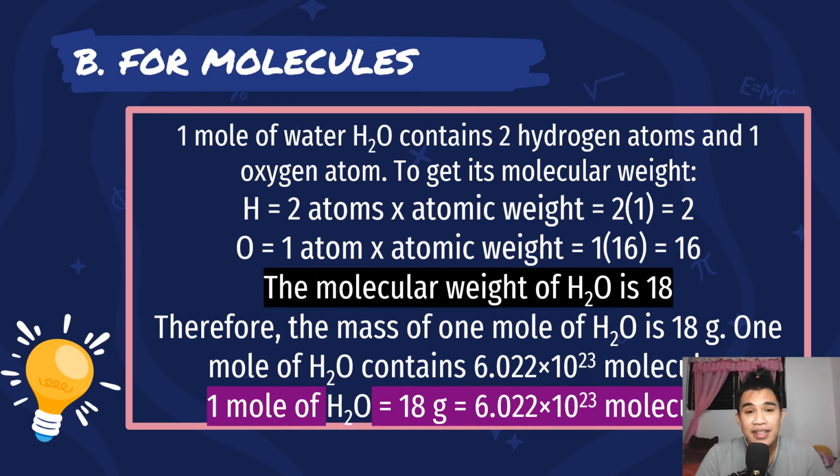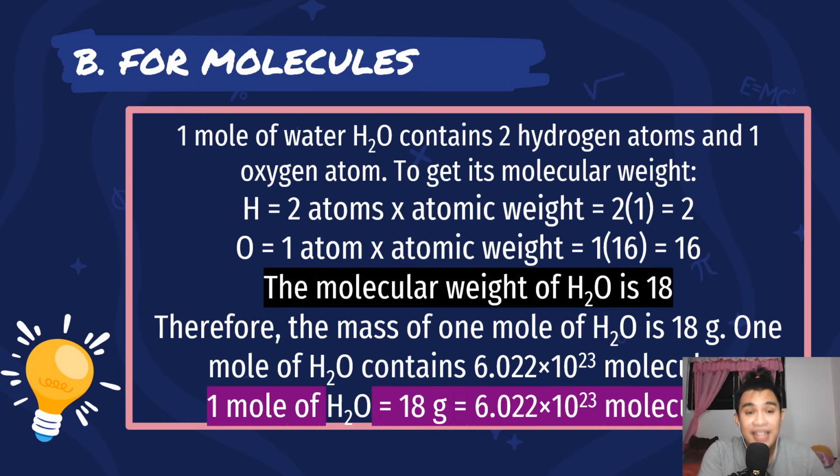First, we are going to get the atomic weight. For hydrogen, there are 2 atoms of hydrogen times the atomic weight of hydrogen, which is 1. So that would be 2 times 1, which is equal to 2.